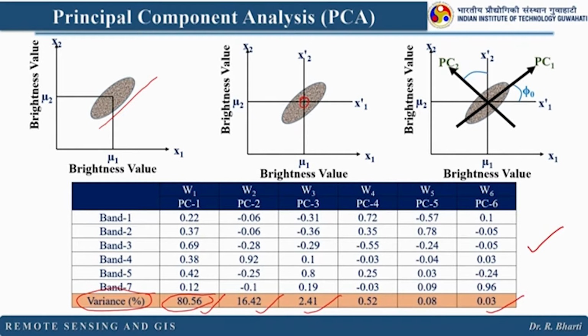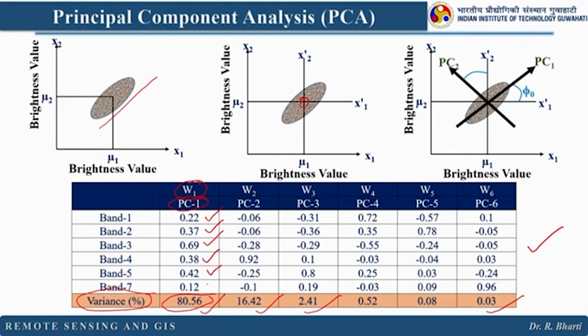It says how much different information is available in your principal components. This is your W1. W1 is nothing but the PC1, and these are the loadings.